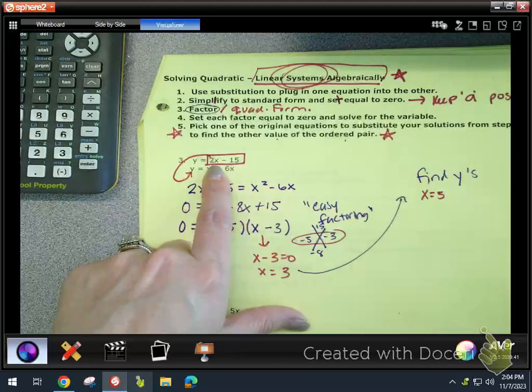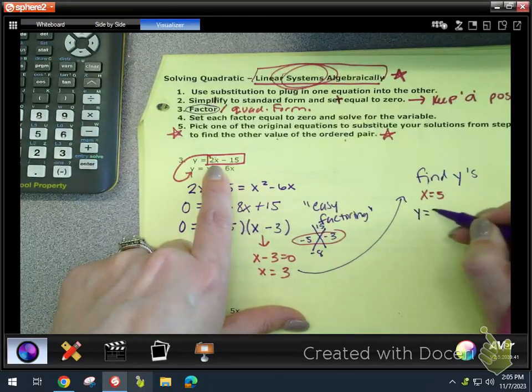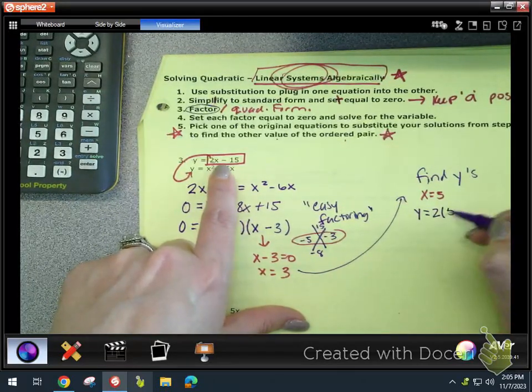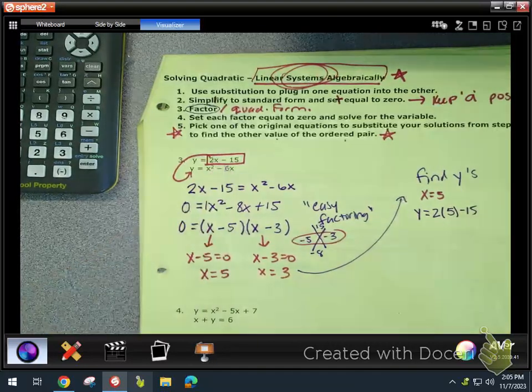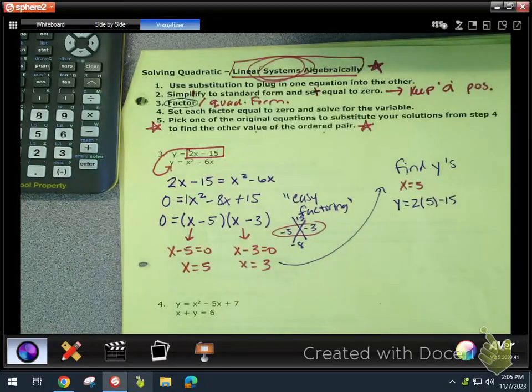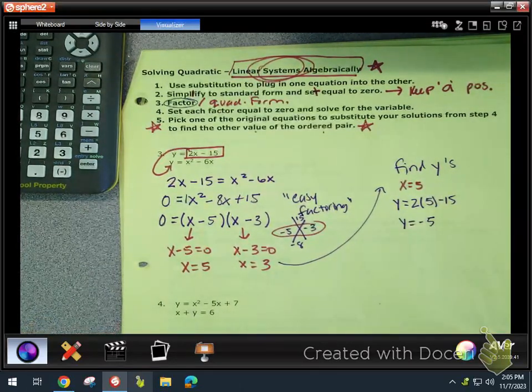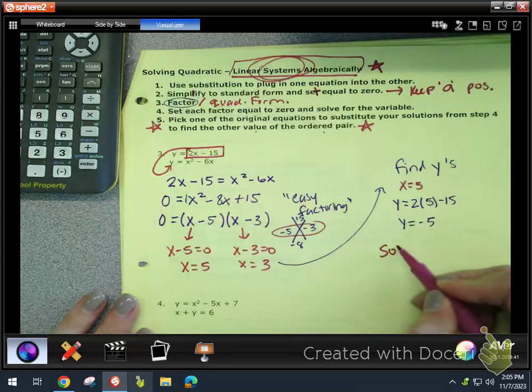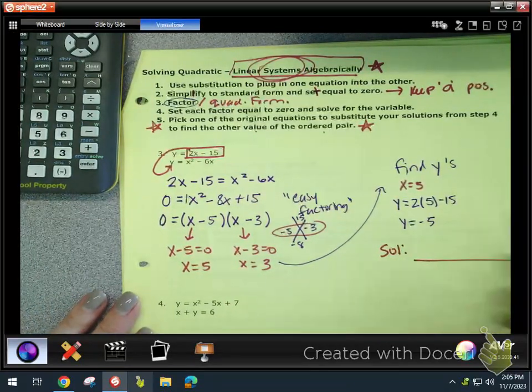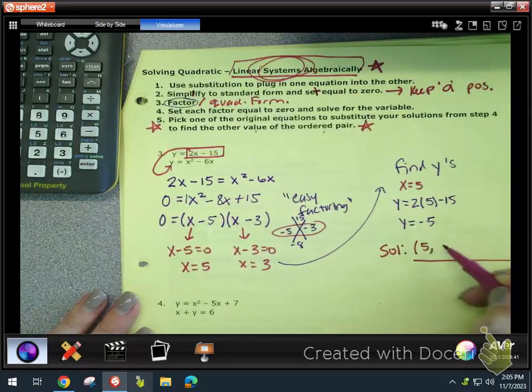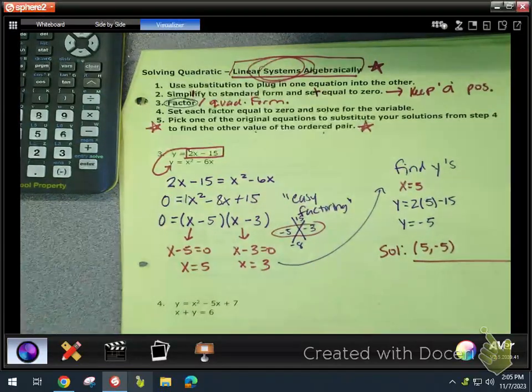So that says y equals 2 times, I'm using the x value 5, minus 15. 2 times 5 is 10. 10 minus 15 is negative 5. So one of my solutions is the ordered pair 5, negative 5. And you write these as points.